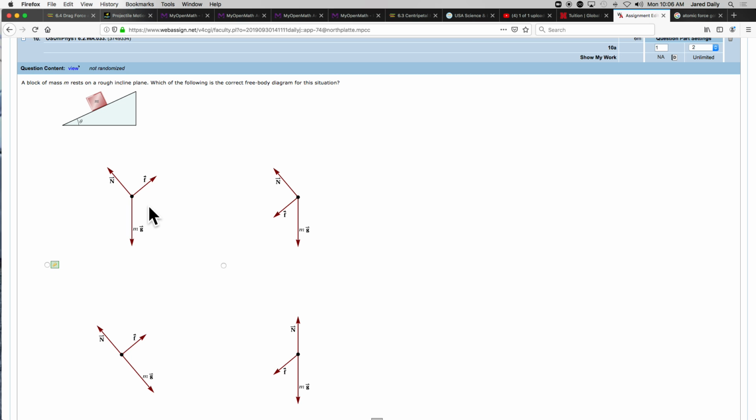So no, because the normal force is equal to this one, right? The normal force is equal to mg sine theta. And let's see what that says there real quick.